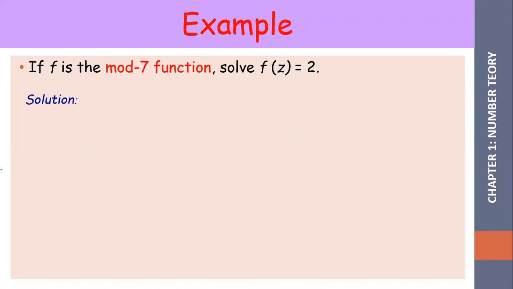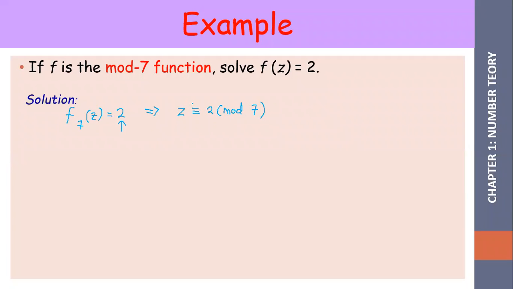So f_7(z) equal to 2. So z is congruent to 2 mod 7. This is a remainder.